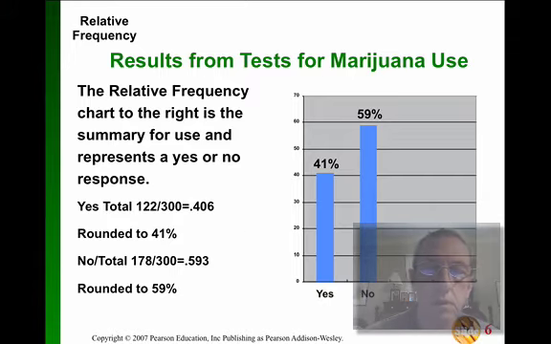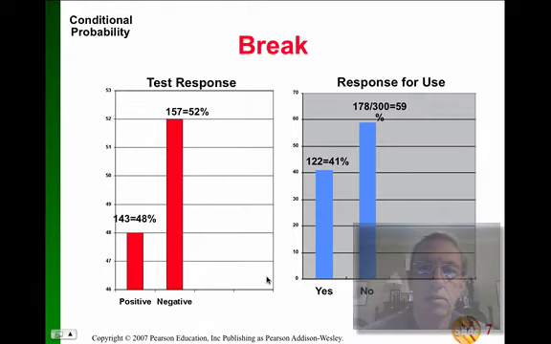So this data was provided to us. And we've got yes, admitting use, 41%, and no, I'm not a user, 59%. That was 122, yes I'm a user, divided by 300, and 178 divided by 300 for 59%. And there's the two relative frequencies side by side, and the scales are a little off, but they do show the 48 and 52% do not exactly gel with the 41 and 59%.